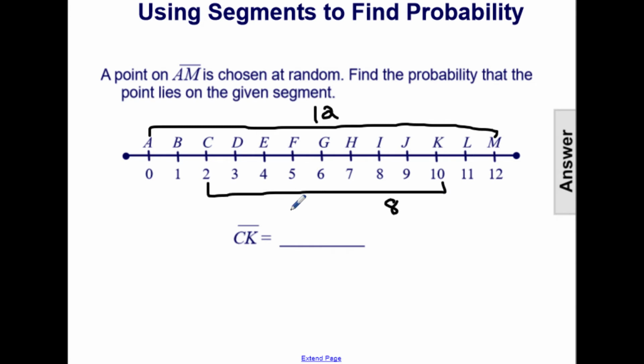So we have the probability to be the length of CK over the length of AM. So we have 8 over 12, which reduces to 2/3. So we have a probability of 2/3. Or if we want a decimal, we can approximate to 0.67, or 67%.